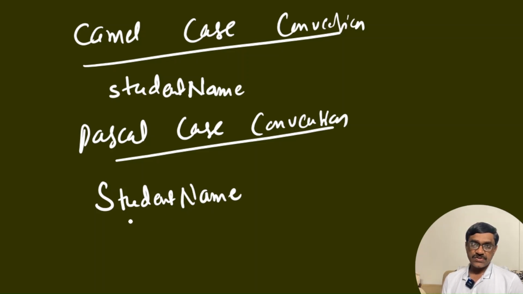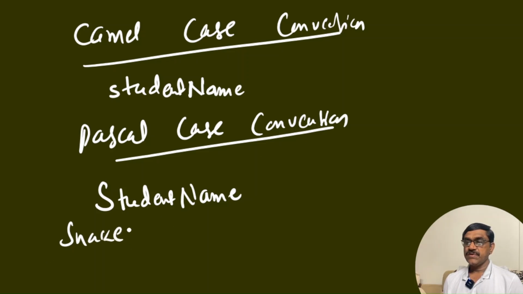Pascal case convention means that the starting letter of every word is capitalized, whereas in the camel case convention, the first letters of the second word and subsequent words are capitalized. This is the main difference between the camel case convention and Pascal case convention.